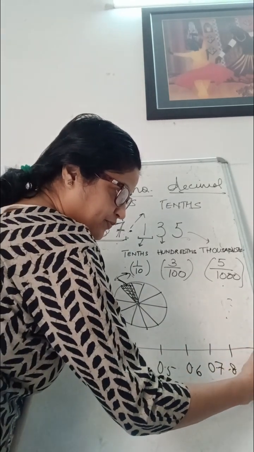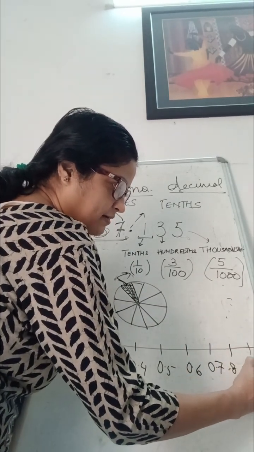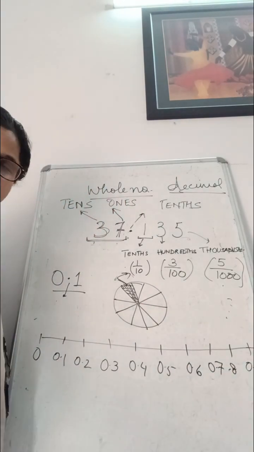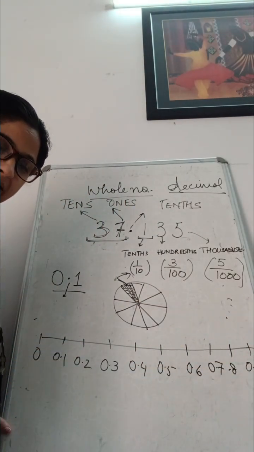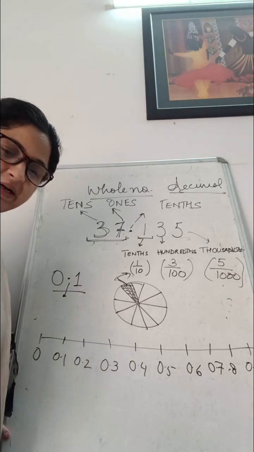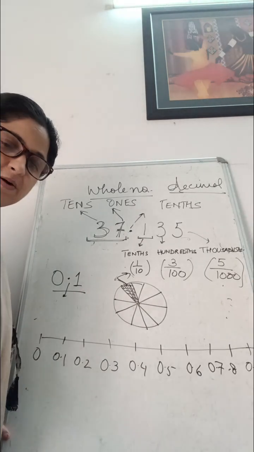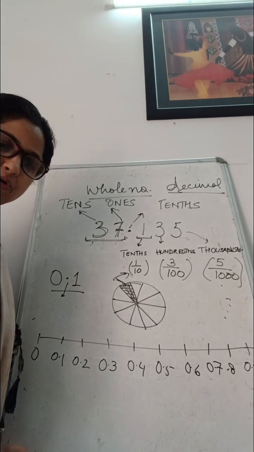Let's say here 0.9, and then this will become 1. Okay, so this is the way we represent it on a number line. Every fraction with denominator 10 can be written in the decimal notation.